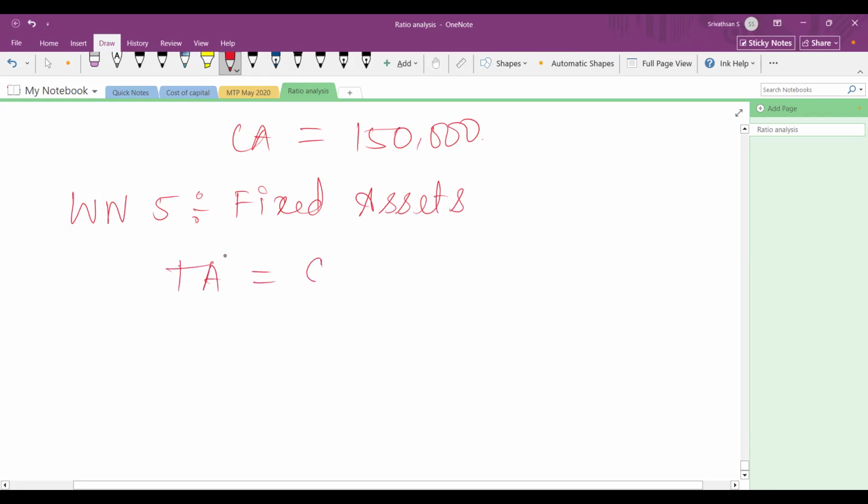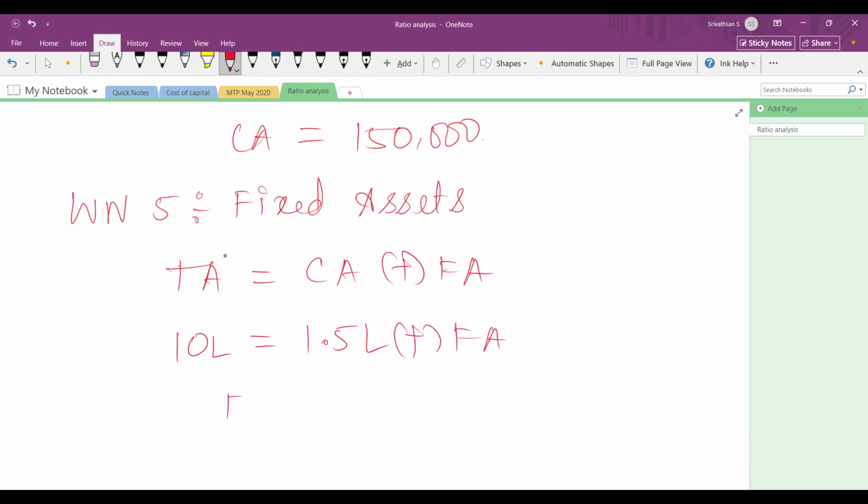Total asset is equal to current asset plus fixed asset. Total asset is 10 lakh. Current asset is 1.5 lakh. So what is fixed asset? 8 lakh 50,000 or 8.5 lakhs. Clear so far? Any doubt?